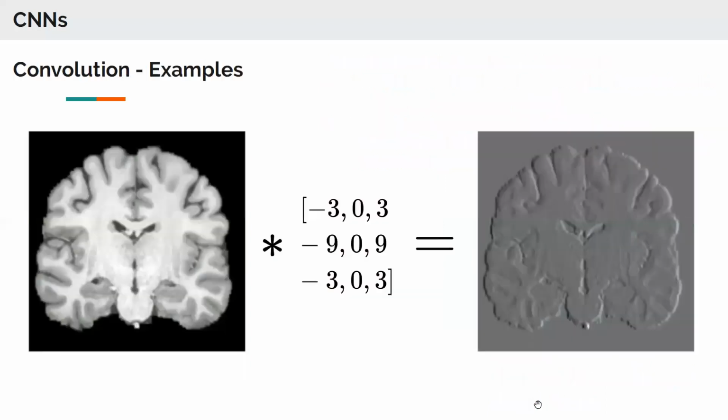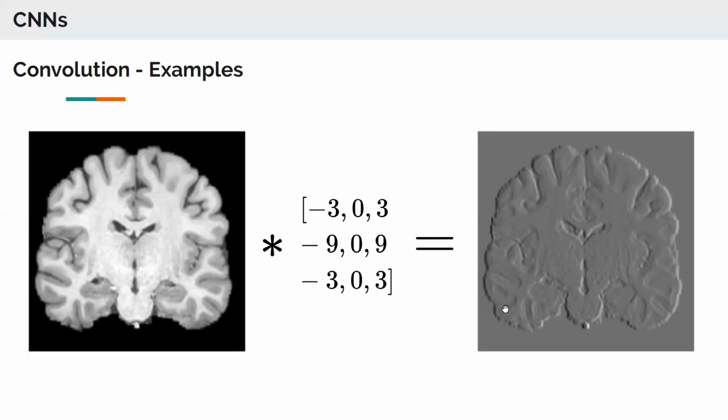Okay, and now here we have visual examples of what the convolution operation can do to the input image. So here we have an MR image of the brain, and then we are convolving it with a 3 by 3 kernel like this. And I guess you can already recognize that this is going to work as a vertical edge detector.